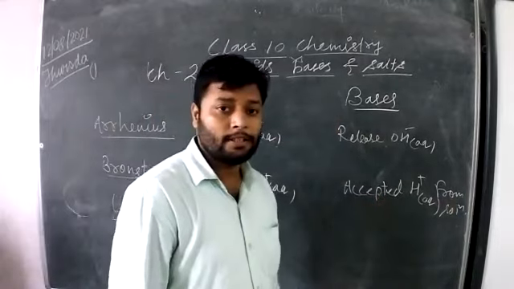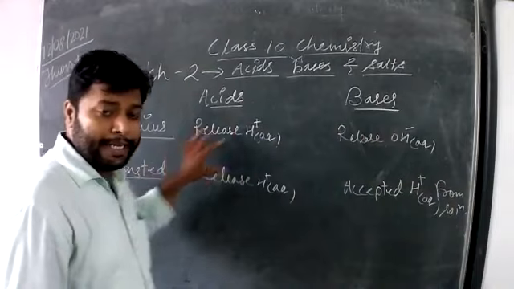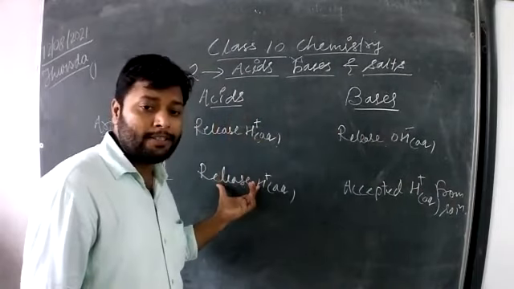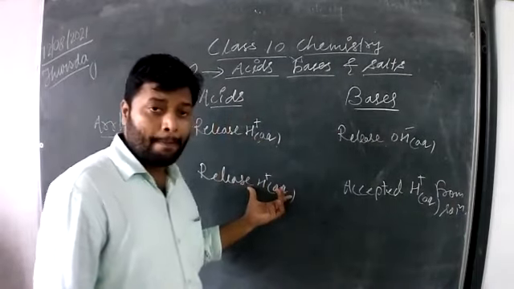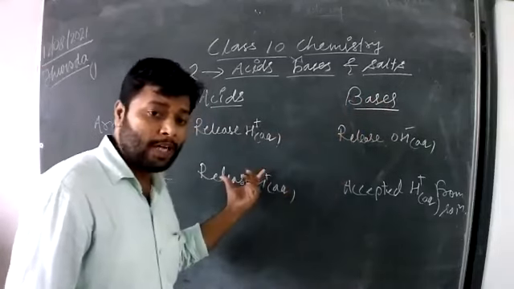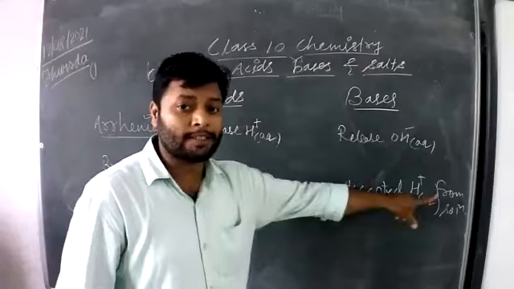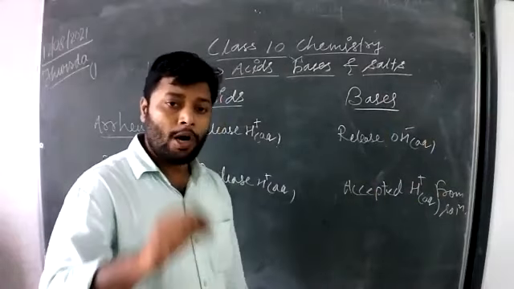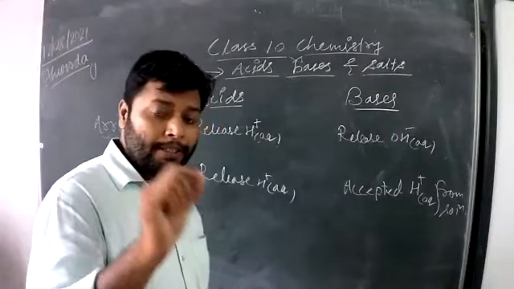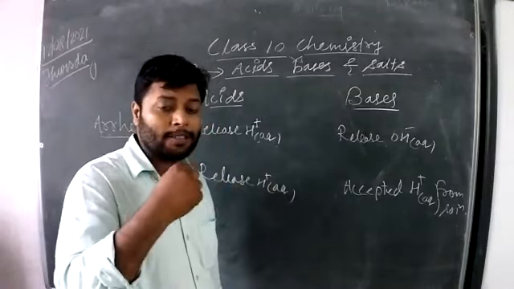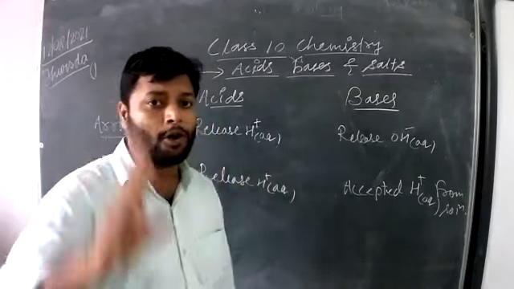Look at the condition. According to Bronsted, acids have a tendency to release H plus, but bases must be the opposite of acids, so they have a tendency to accept H plus from the solution. So all those substances having a tendency to accept H plus from the solution must be called bases.